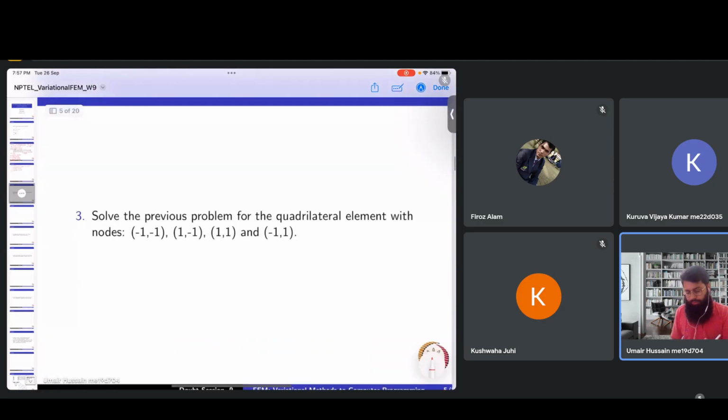Okay. So the next problem is to solve the previous problem for the quadrilateral element with nodes -1, -1.